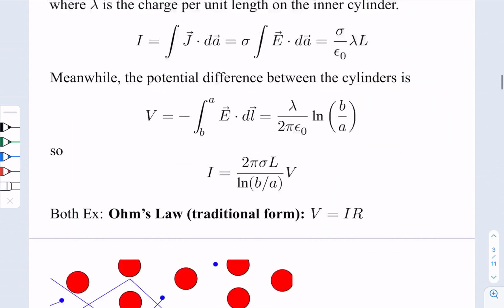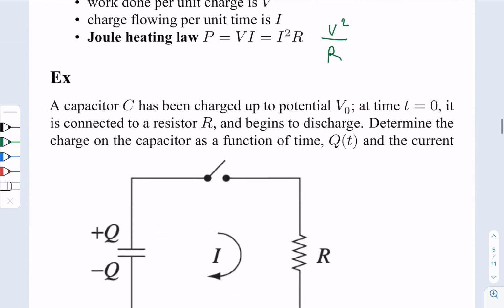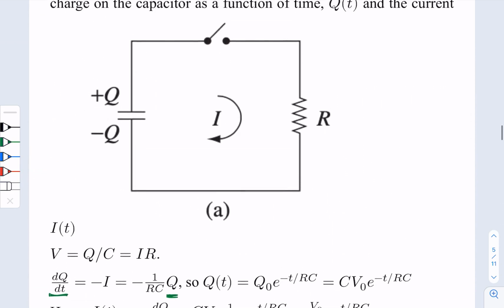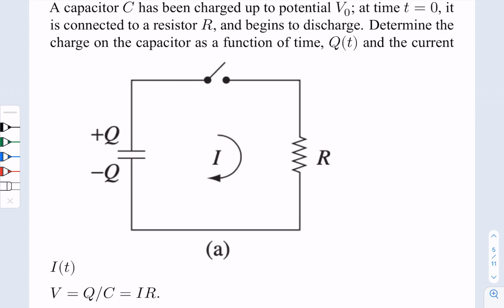And the second thing is, here in this example, there is a capacitor on the left and a resistor on the right. Initially, before the switch is turned on, the capacitor stores energy within it, right?